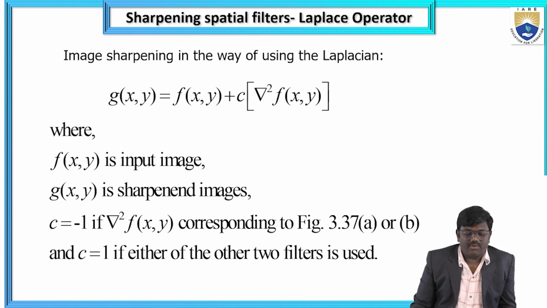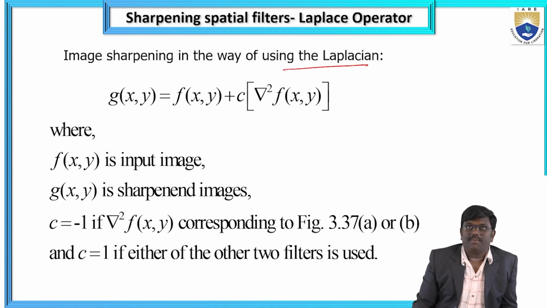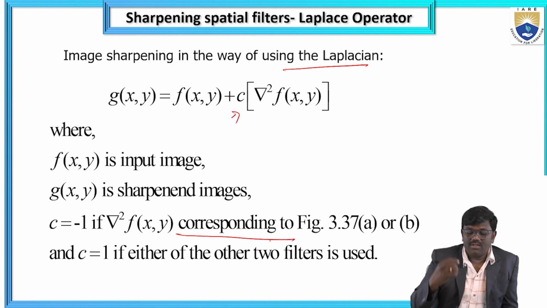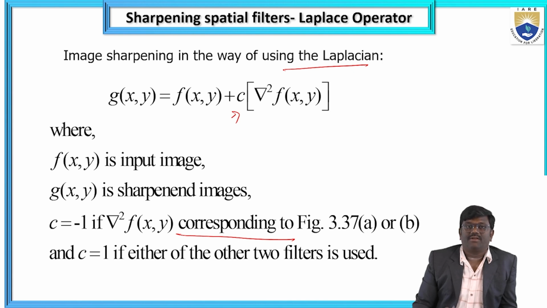We also extended one more equation using the Laplacian. Here g of x comma y is equal to f of x comma y plus c times the Laplacian, where c is some constant parameter, either -1 or 1. When c is -1, it corresponds to the sharpening filter in terms of the mask, and when it is 1, we call it the other filter.